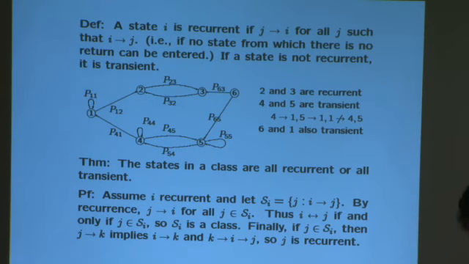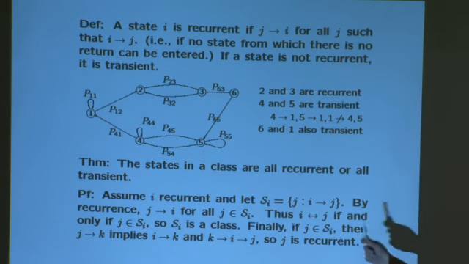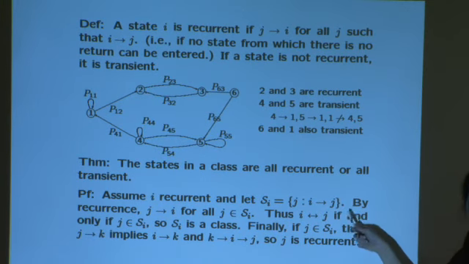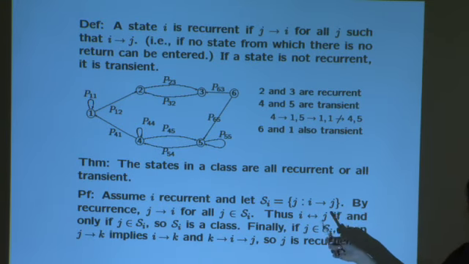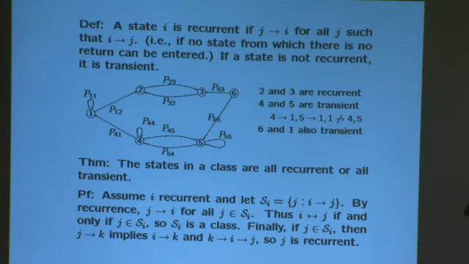So let's assume that state i is recurrent, and let's define Si as all the states that communicate with i, that are accessible from i. And you know that since i is recurrent, j being accessible from i means that i is accessible from j.